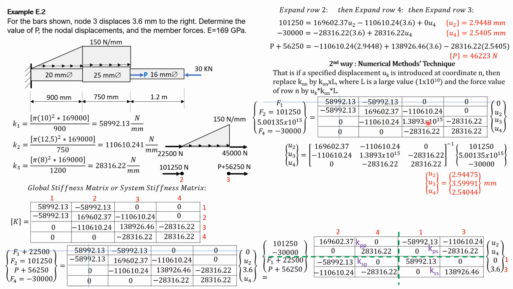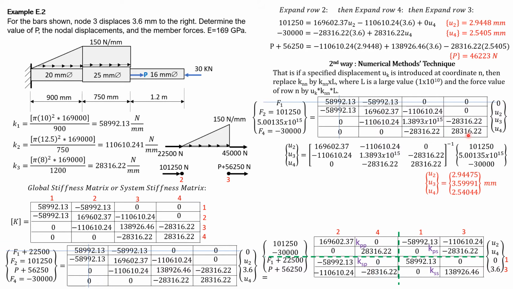Since this is already KNN times L, all you have to do is replace the first value here, which is P plus 56 to 50, by this value. And this value is obtained by multiplying this stiffness here, which is very large, by 3.6. And that becomes 5.00135 times 10 to the 15.